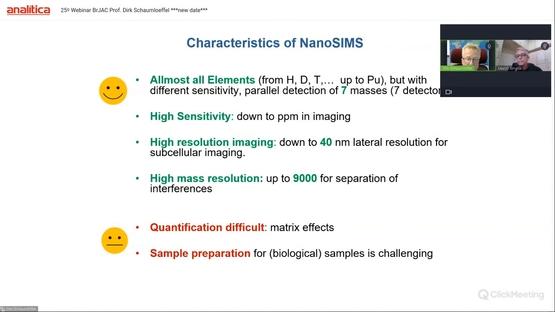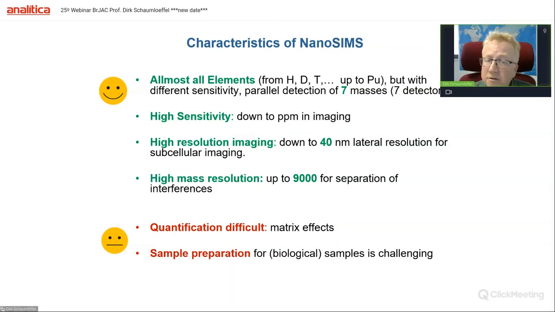But of course, there are some drawbacks. The quantification is difficult because of matrix effects. So it is mainly qualitative analysis, what you do, qualitative images. We can, of course, compare in one sample the different intensities, but we cannot really quantify the elements in the sample because what you need are matrix-matched standards which are homogeneous at the nanometer level, and this is quite difficult to achieve.